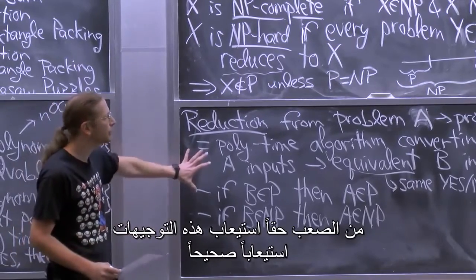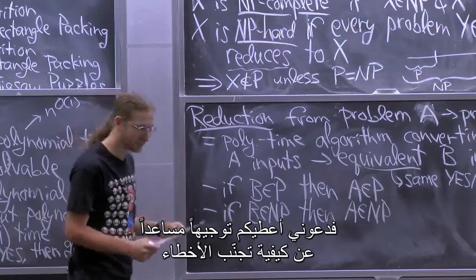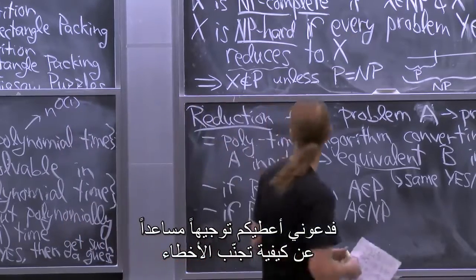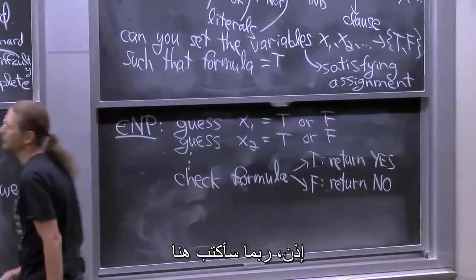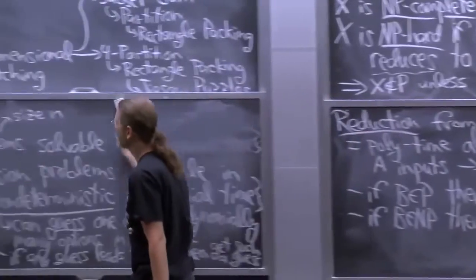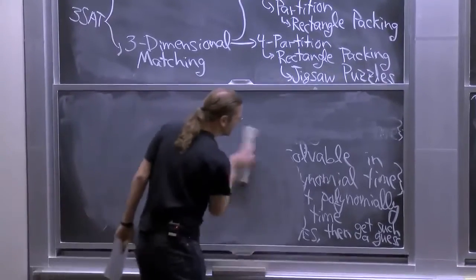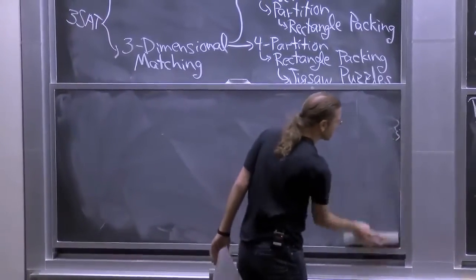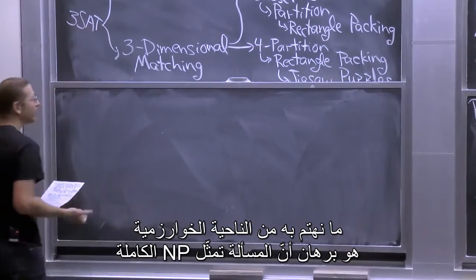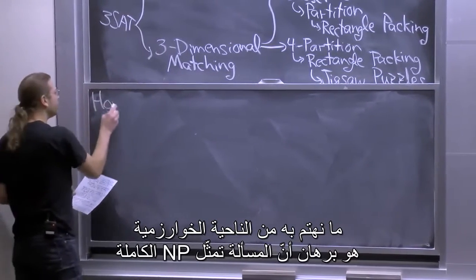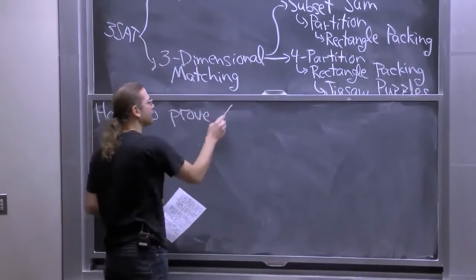All right, it is really tricky to get these directions right, so let me give you a handy guide on how to not make a mistake. So maybe over here. What we care about from an algorithmic perspective is proving that problems are NP complete.